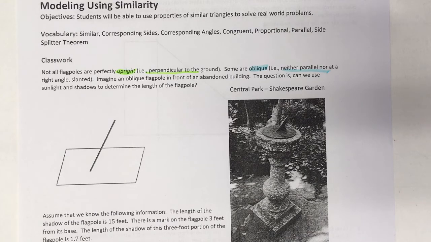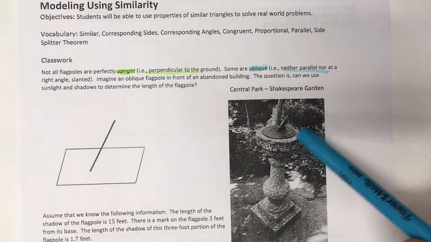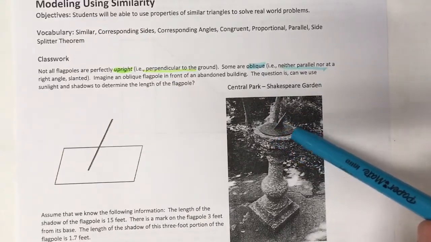Imagine an oblique flagpole in front of an abandoned building. The question is, can we use the sunlight and shadows to determine the length of the flagpole? And right now, some of you are going on the college tour to New York City, so I grabbed from Central Park a sundial.